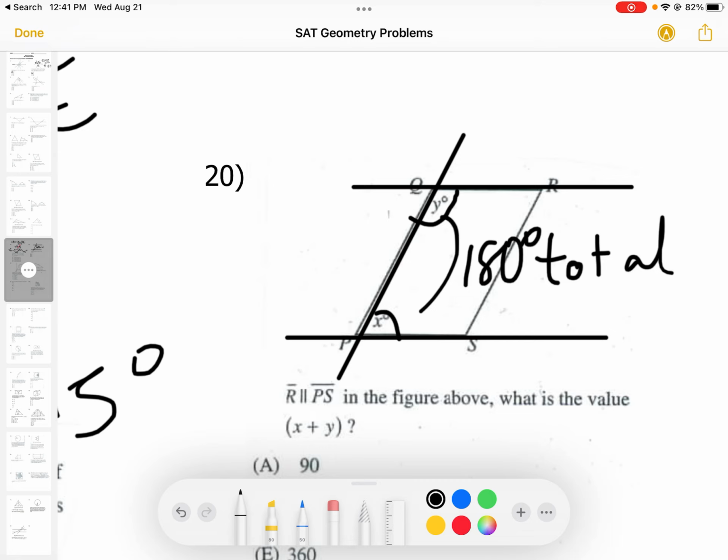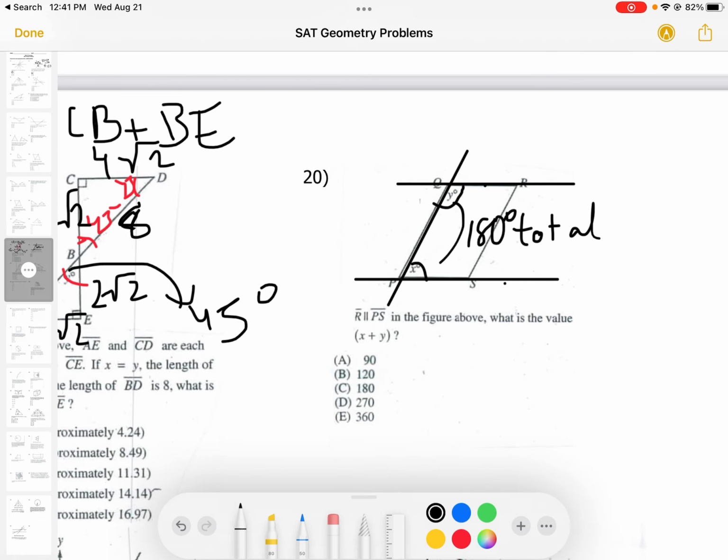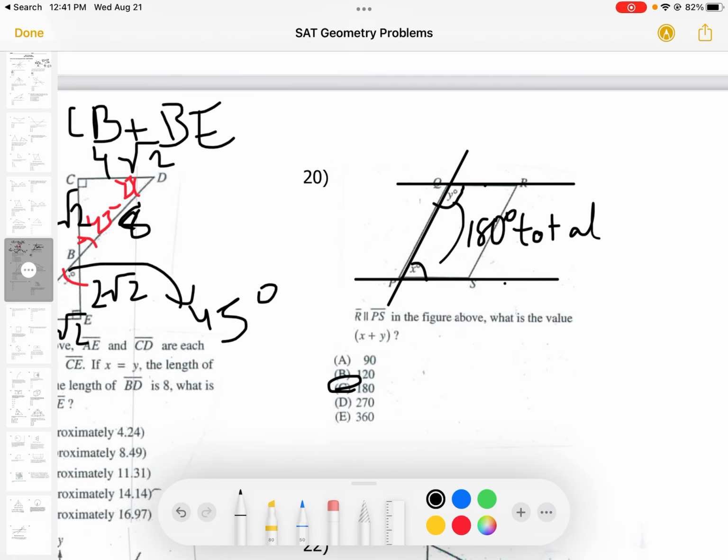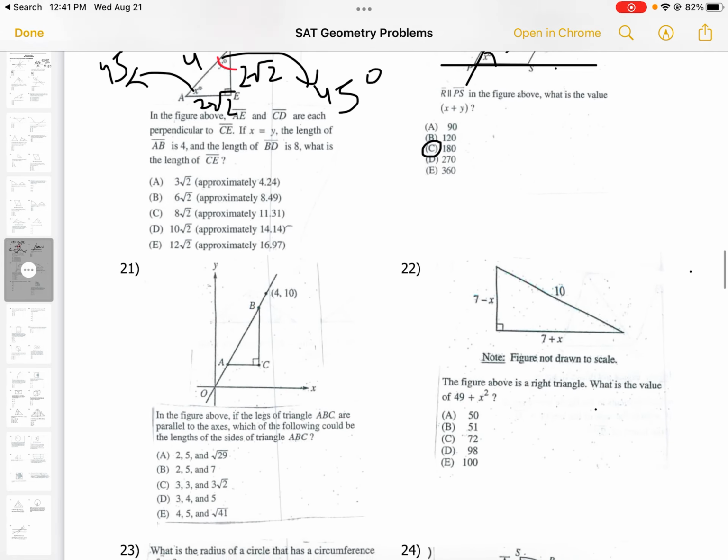Same side, meaning they're on the same side of this transversal, and interior means they're in between the parallel lines. So our answer to this question is just 180 degrees. There. Okay. Let's move on.